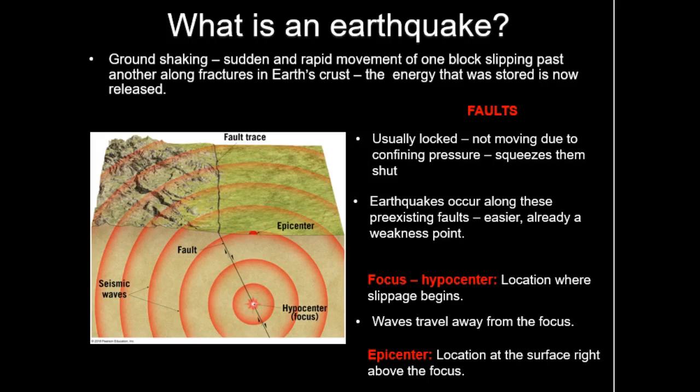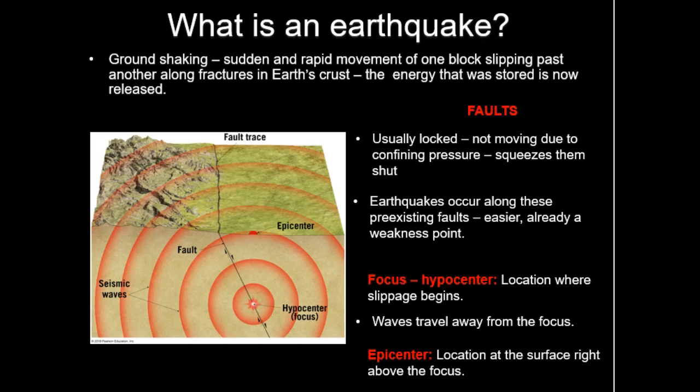There is some sort of movement in which this stress in one direction is going to initiate movement along the fault. So this movement is what an earthquake is overall, and thus it will typically occur in some sort of pre-existing fault, some sort of weakness plane that already existed.